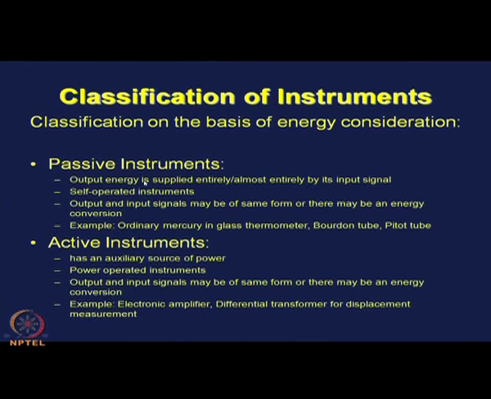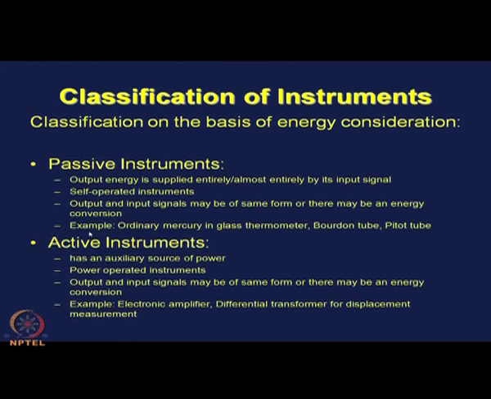So, we do not need any auxiliary source of power here. These instruments are self-operated instruments. It may be noted here that the output signal and the input signal may be of same form, or there may be an energy conversion.